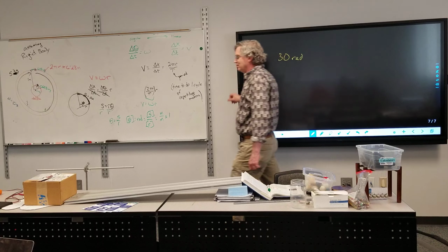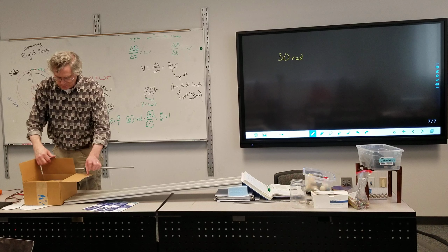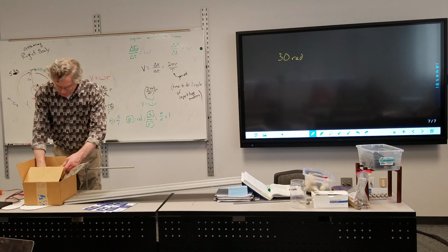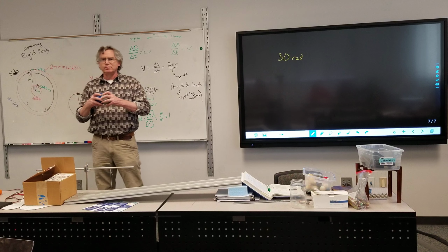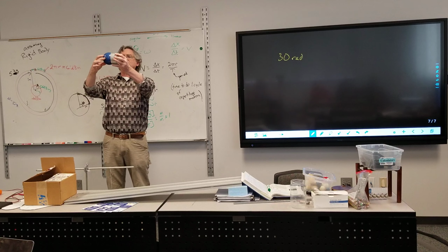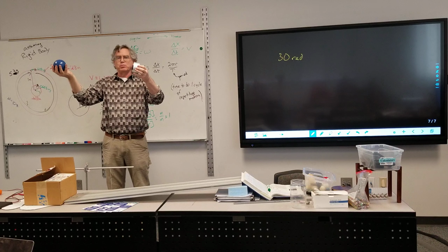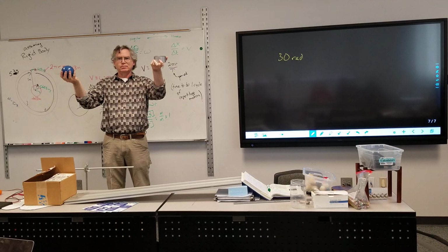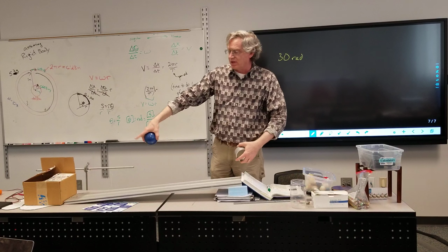All right. Now to the races. I have two objects here. They roughly have the same radius. This has much more mass than this does. The question is, if I release these at the same time, which is going to get to the box first?